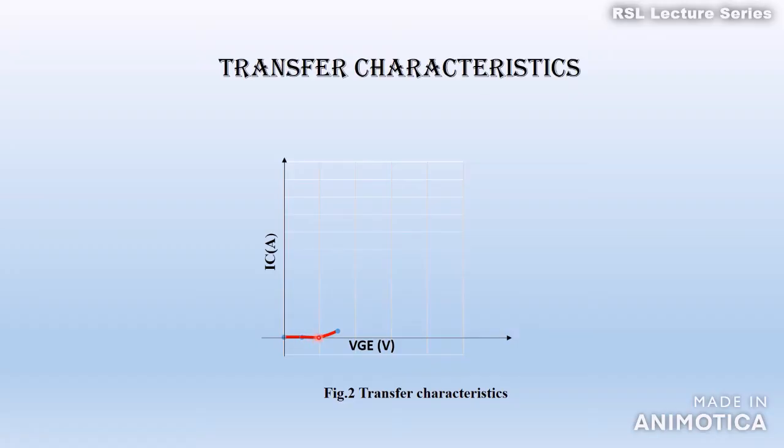Above the threshold value, as the gate emitter voltage is increased, the current starts flowing through the device, and the current increases along with the voltage. This is the transfer characteristics, and it is similar to that of the MOSFET.